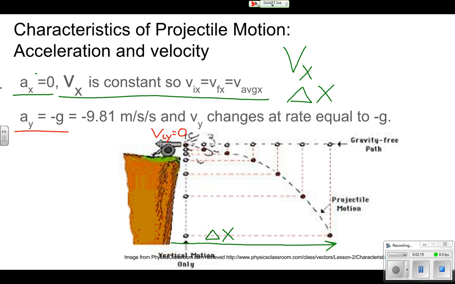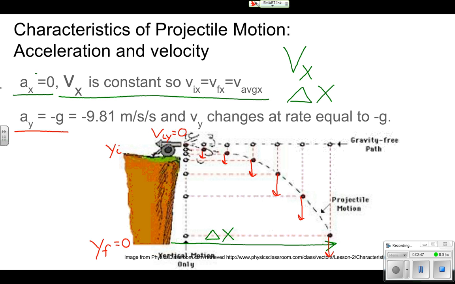For all horizontally launched projectiles, the vertical initial velocity is equal to 0, and then it speeds up on the way down. This red arrow represents the velocity as it speeds up on the way down. It also starts out at some initial position, y sub i, meaning my initial position in the vertical direction, and ends at some final position in the y direction.